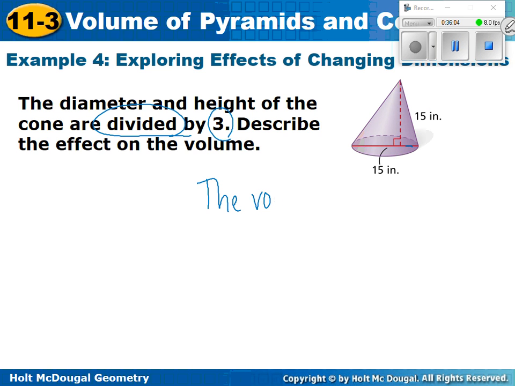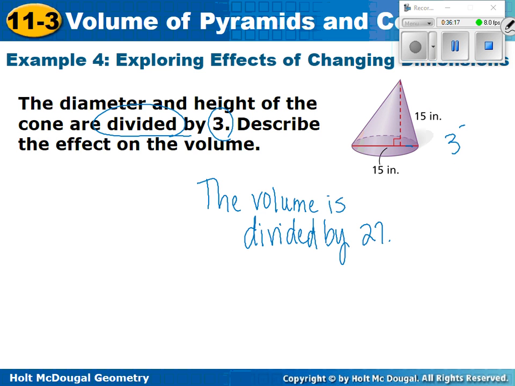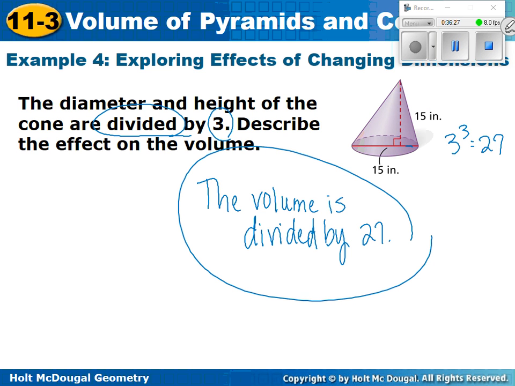So you would say the volume is divided by what? 27. 3 cubed. Or you could say the volume is multiplied by what? 1/27th. Your choice. I don't care how you word it. Any questions on that one?